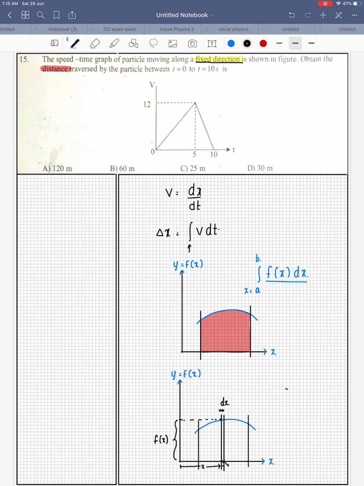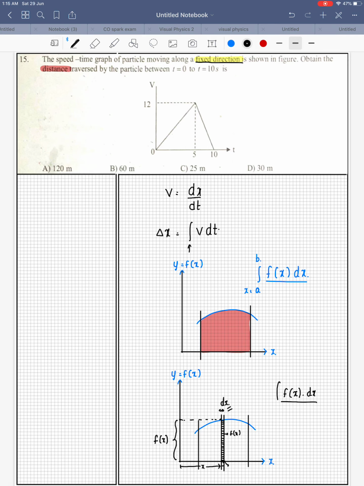If I multiply f of x with dx, what do we get? This particular area is a rectangular strip of length f of x and breadth dx. So f of x dx represents this area.